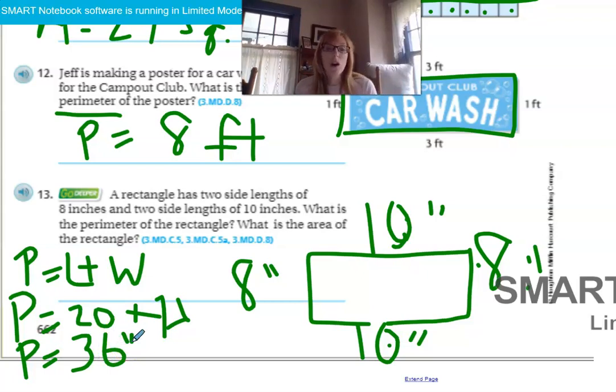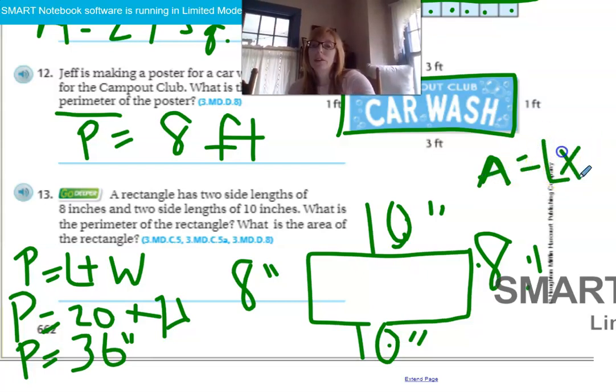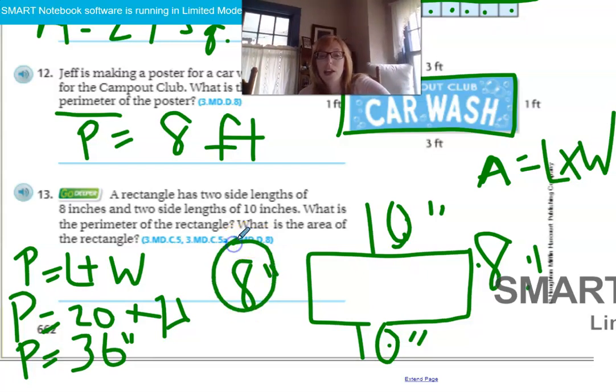Now, we know that area, I'm going to change colors here since we're doing area. Oh, it was supposed to change colors. Well, area equals length times width. So you choose two sides because it's a rectangle. So I'm going to choose this side 8 and this side 10. And I'm going to think to myself, okay, area, this would look like an array.